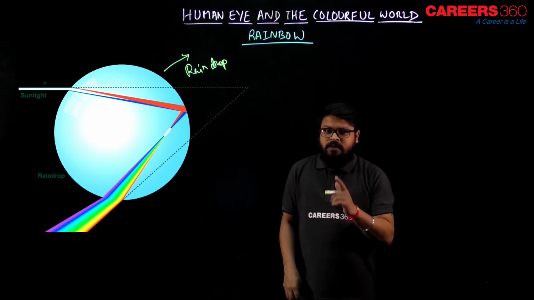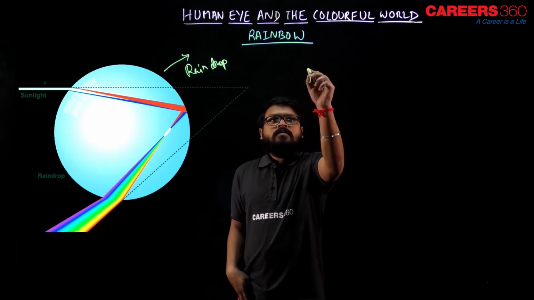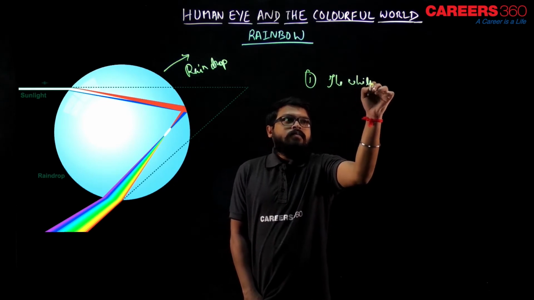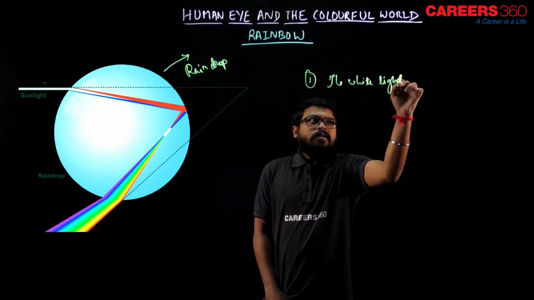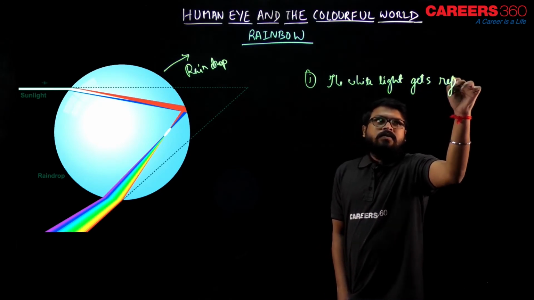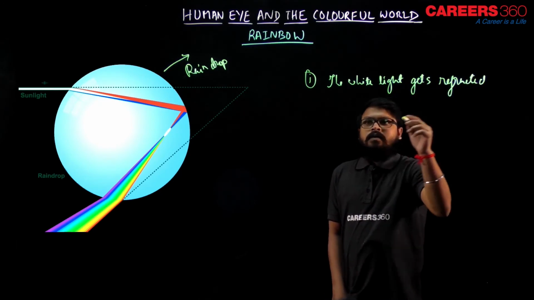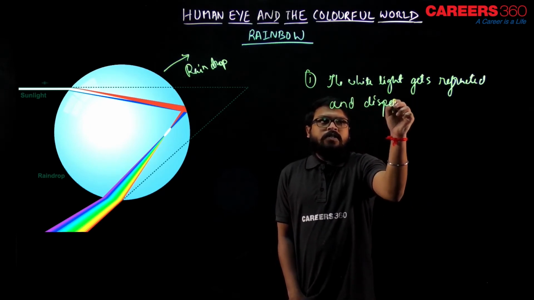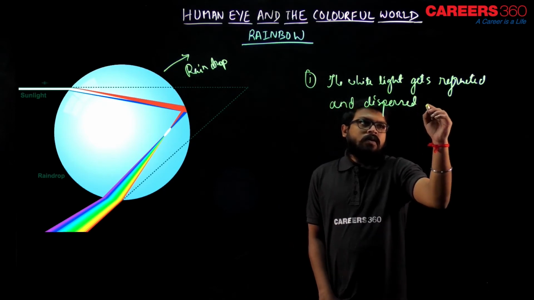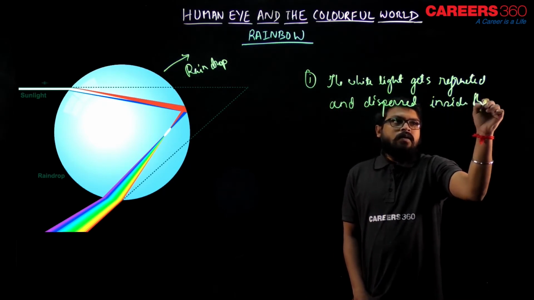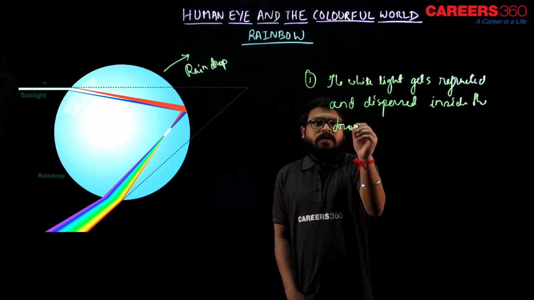As you can see, first the white light gets refracted and dispersed inside the droplet.